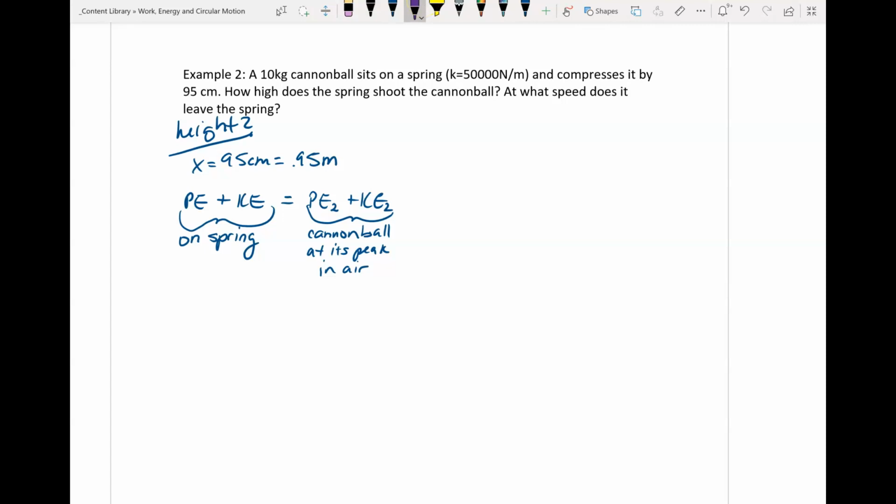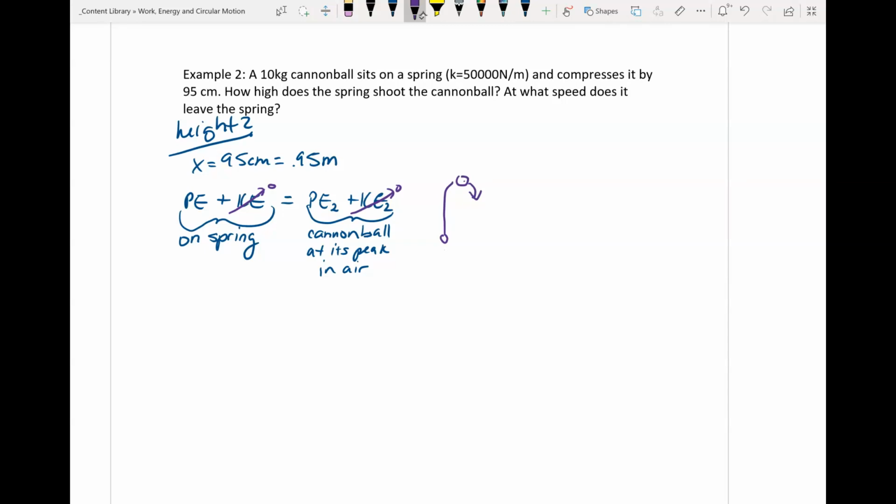If we think about this scenario, when it's on the spring, our cannonball is not moving at all. So it has no kinetic energy. And even when it's at its peak, there's no kinetic energy there either. If you think about this picture, let's just say our cannonball is moving up, and we're looking at the very specific point over here before it comes back down.